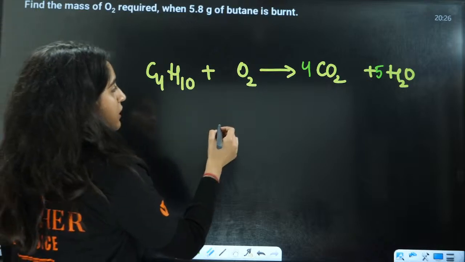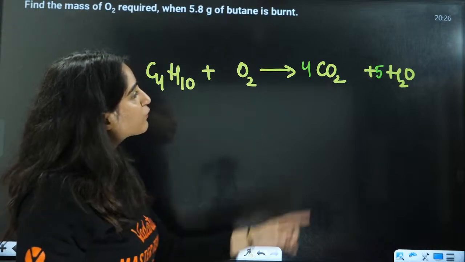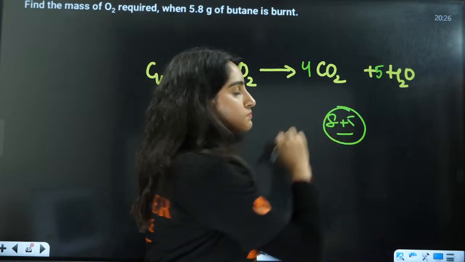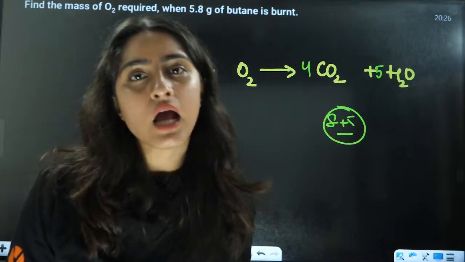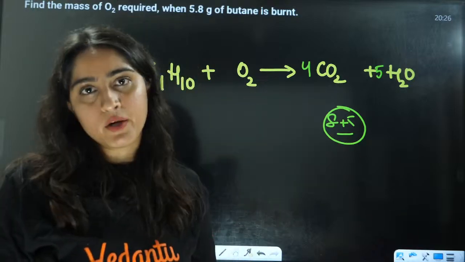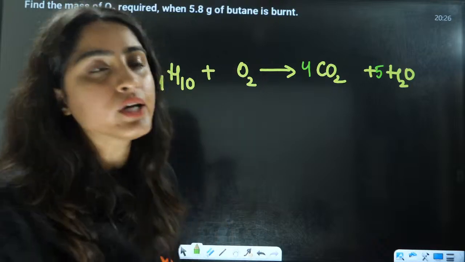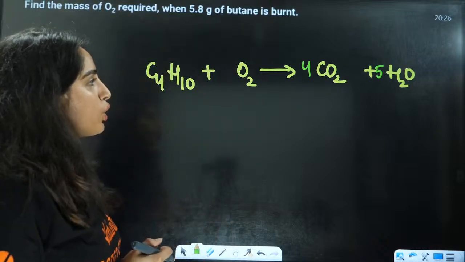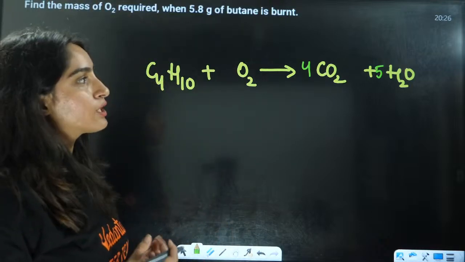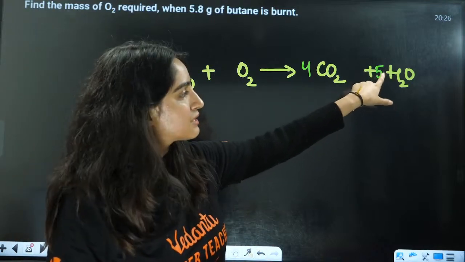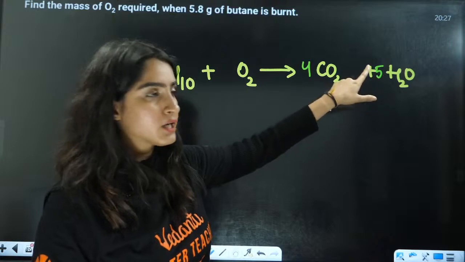It is having 2 oxygen atoms and here we have 4 into 2, 8 oxygen atoms plus 5. To balance it out, we should always have an even number, right? To convert the oxygen atoms into an even number, this number should be even.